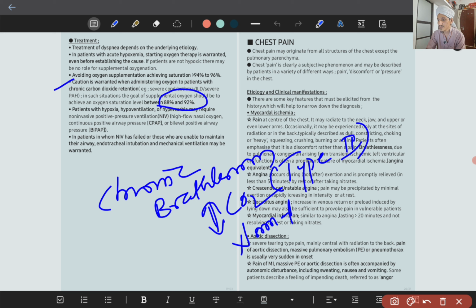Because of type 2 respiratory failure, the threshold of the respiratory center is already raised because of chronic carbon dioxide retention. So if you give oxygen at a higher level, carbon dioxide will be washed out, and because of less carbon dioxide, there will be less stimulation to the respiratory center because the threshold is high. So the patient will have decreased respiratory drive. That's why you should maintain the oxygen between 88 to 92.